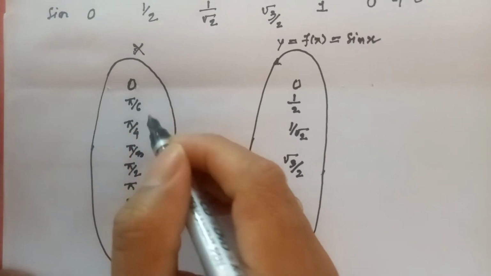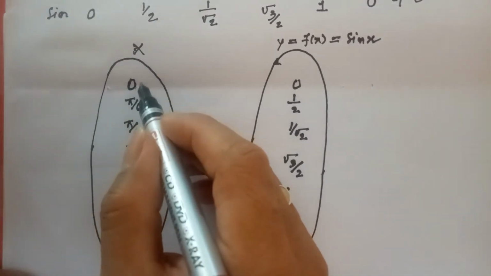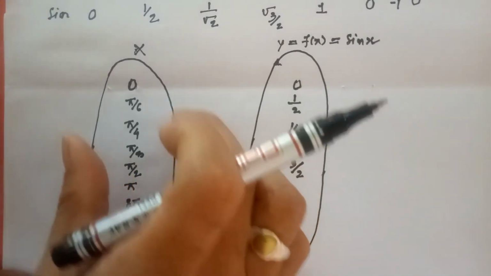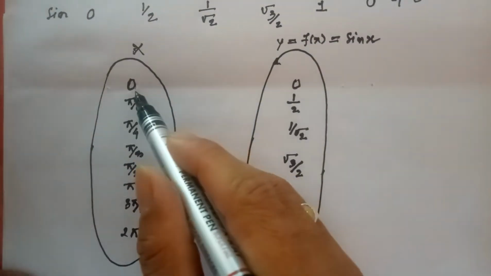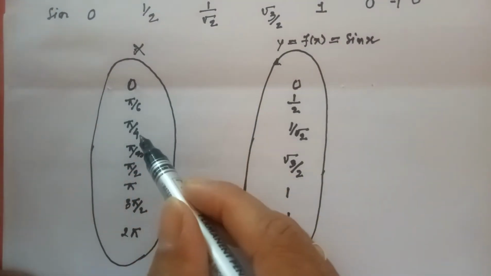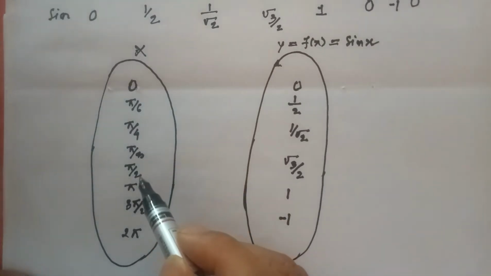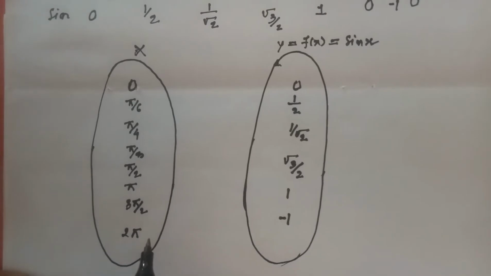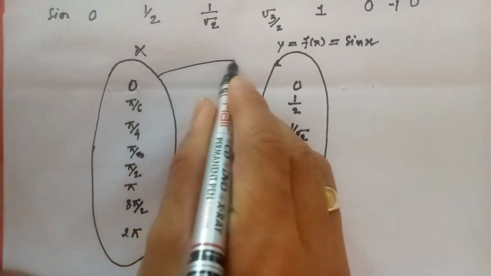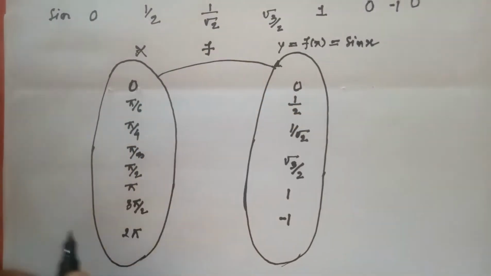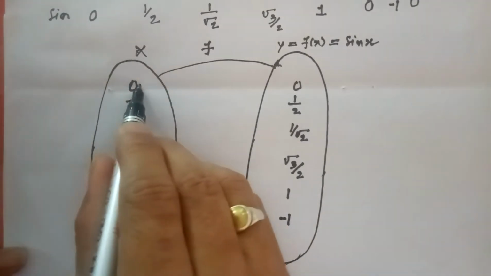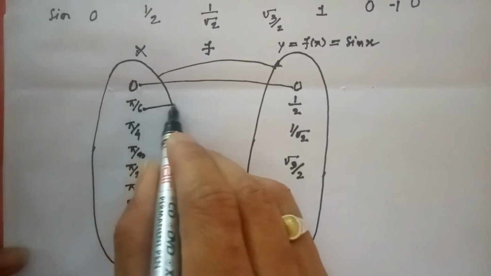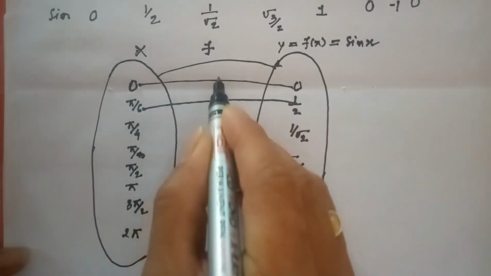I write some common values of x: 0, pi by 6, pi by 4, pi by 3, pi by 2, pi, 3 pi by 2, and 2 pi. Now I am going to map. This is the mapping of the function. I map 0 with 0, pi by 6 with 1 by 2.